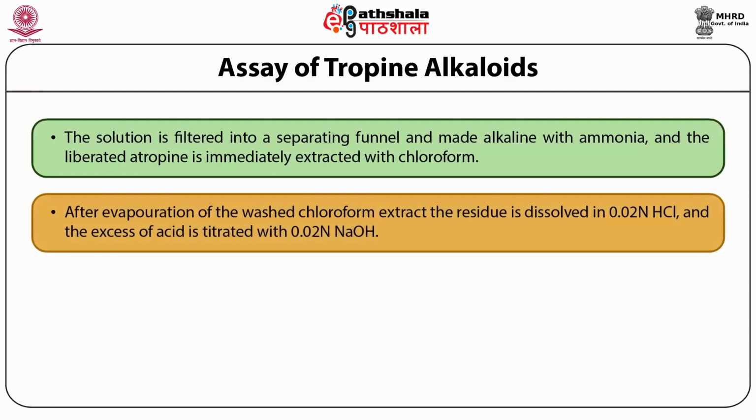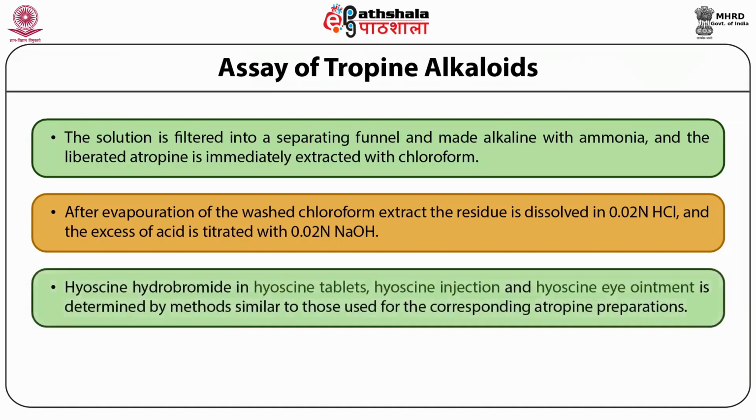After evaporation of the washed chloroform extract, the residue is dissolved in N/50 HCl and the excess of acid is titrated with N/50 NaOH. For hyoscine hydrobromide determination in hyoscine tablets, hyoscine injection, and hyoscine eye ointments, a similar method as mentioned above for corresponding atropine preparations is used.